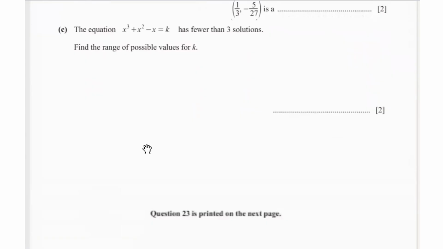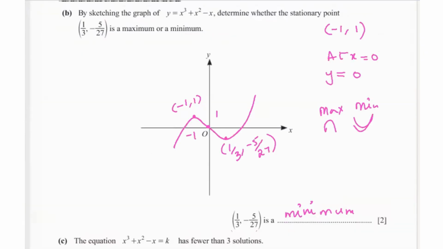And then part C is the equation x³ + x² - x = k has fewer than 3 solutions. Find the range of possible values for k. If it has fewer than 3 solutions, we're getting either over here, like in these areas, or over here.